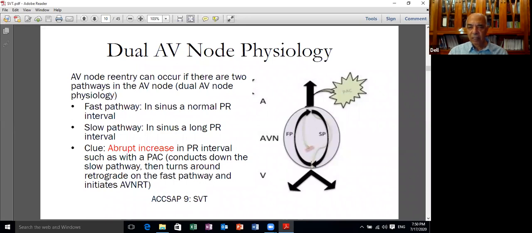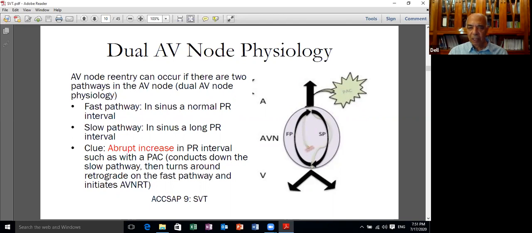Now concentrate on this point. If the impulse reaches this point through the slow pathway, then it has to move in one of two directions, either up through the fast pathway or down to activate the ventricle. Under these circumstances, you can imagine the activation of the atrium will occur simultaneously with the activation of the ventricle. Therefore, the retrograde P wave will be embedded into the QRS complex.